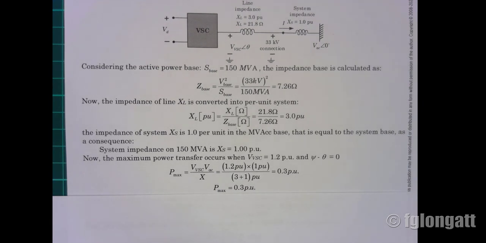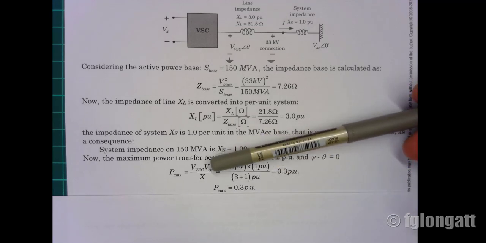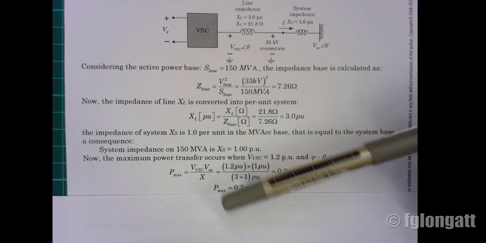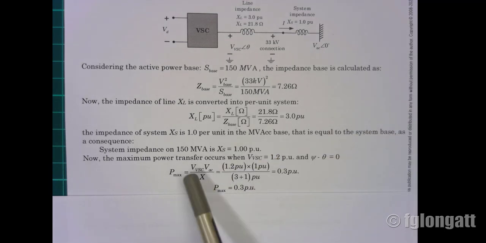Something simple for my students. And what we need to do is calculate the maximum power that depends on the product between the voltages divided by the total reactance. Total reactance 3 per unit plus 1 per unit, that is 4.